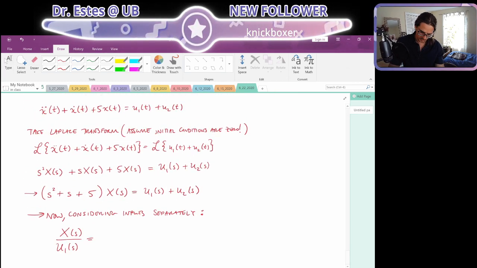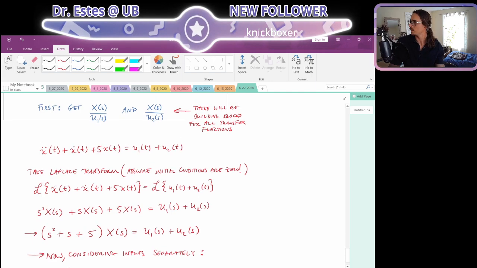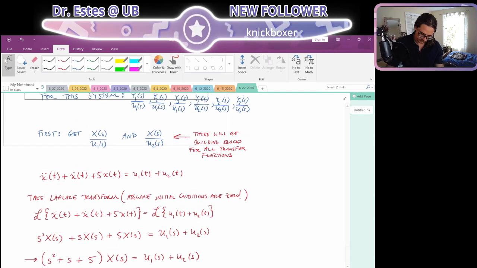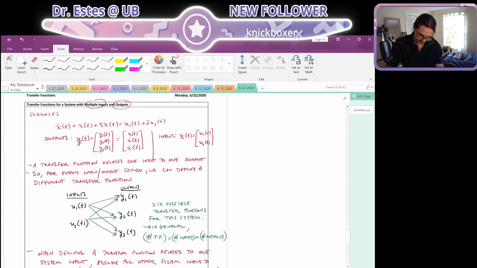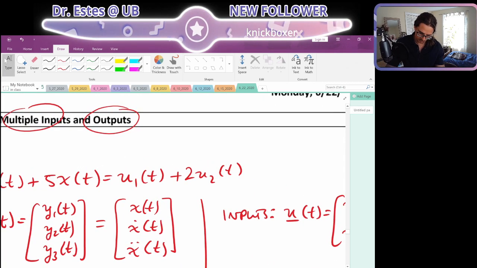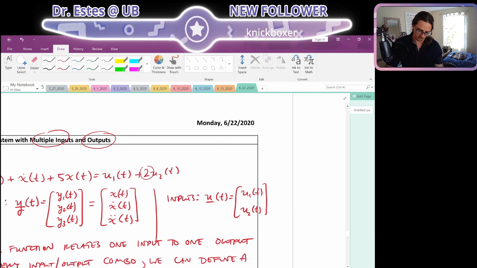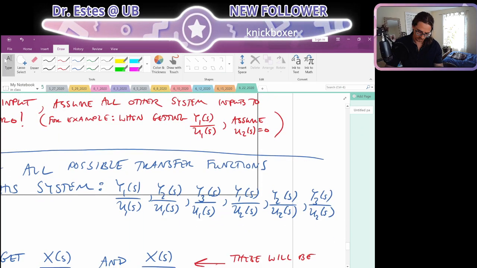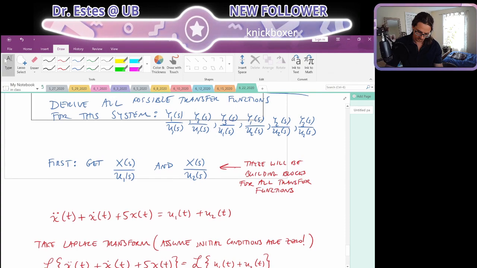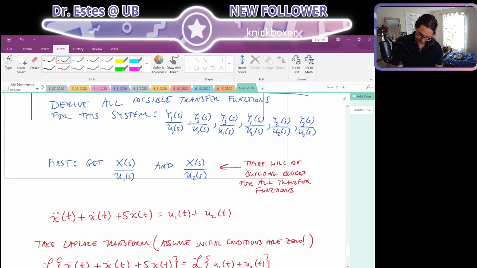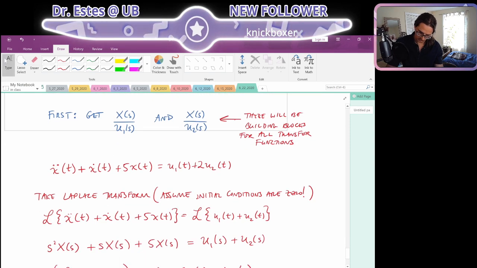Oh wait, did I mess this up here? Oh, I missed this 2 in front of u2. Plus 2. So we got to fill that in.